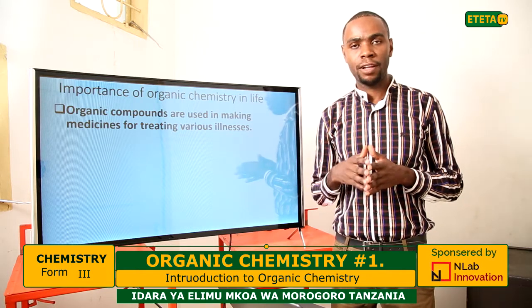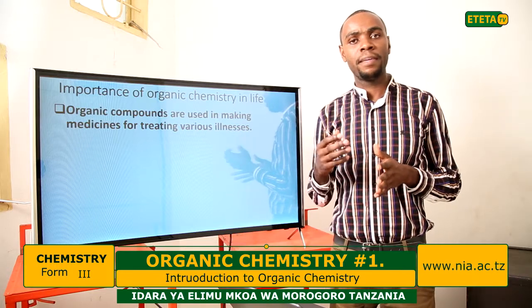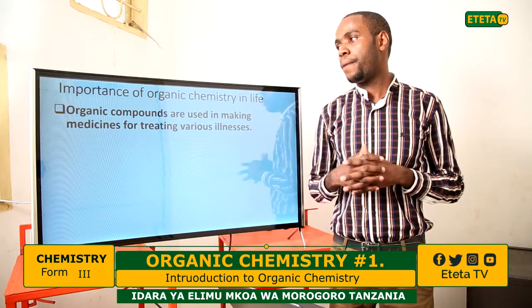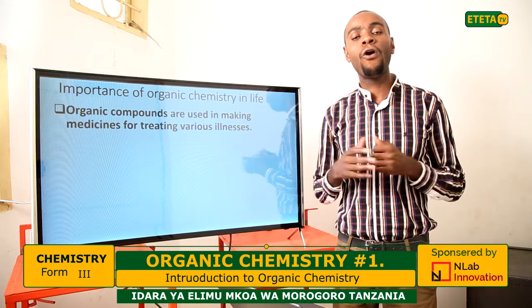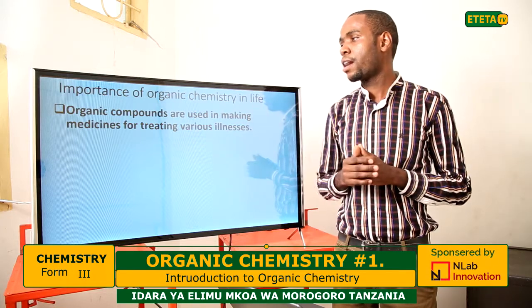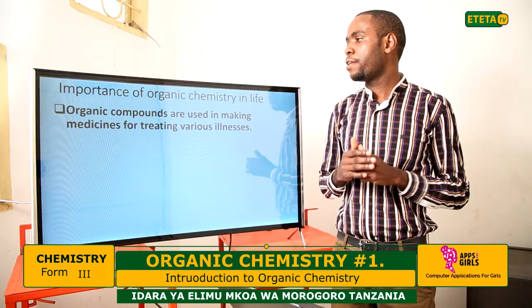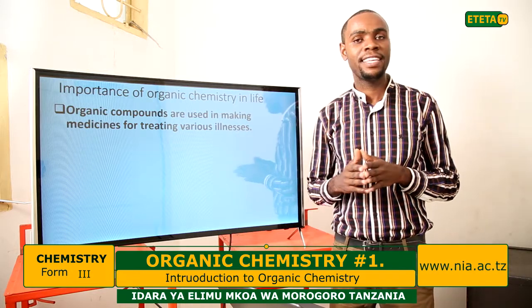Most of the patients in the hospitals are using medicines. So these medicines are made up of organic compounds. For example, aspirin, Panadol, Cipro, all medicines are made up of organic compounds. So organic compounds are used in making medicines for treating various illnesses.